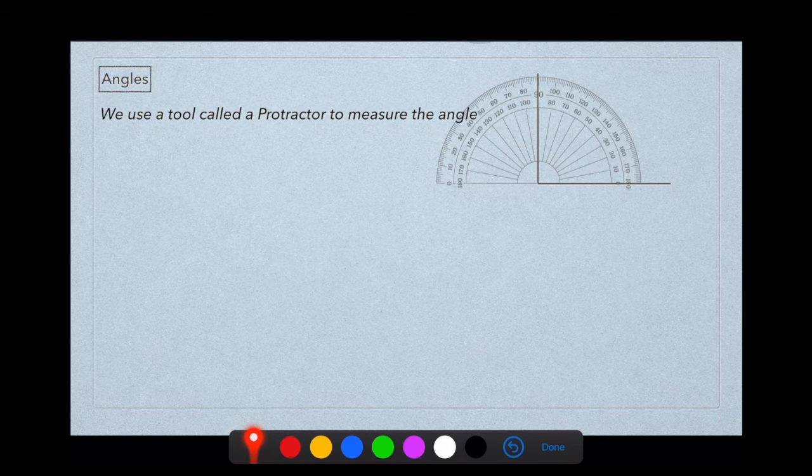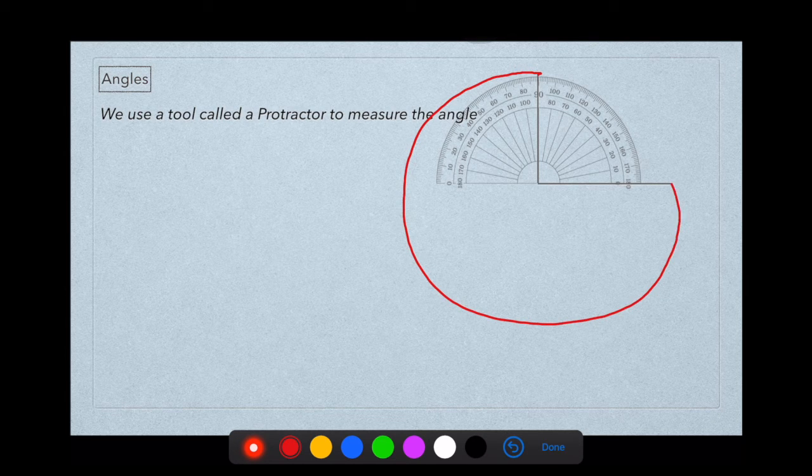Now, this part is very important. As you can see here, we have two zeros, one on the left side and one on the right side. Both of them are our start points. But you might wonder which to choose and start with. Now, this is the important point. Remember this. If you have an angle, imagine it's a face.